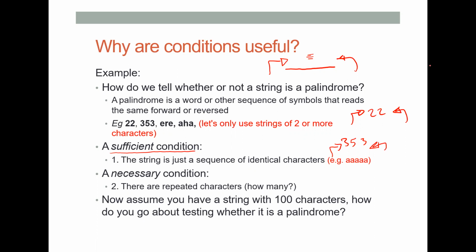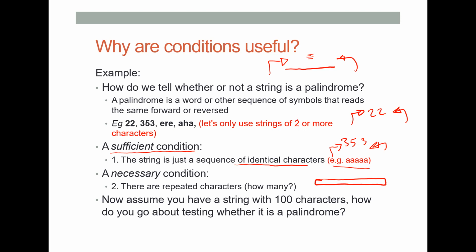A sufficient condition could be that the string is a sequence of identical characters, like A, A, A. Having identical characters is sufficient to say that this is a palindrome.